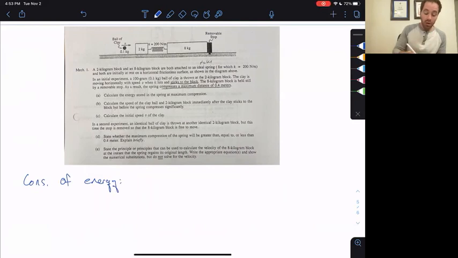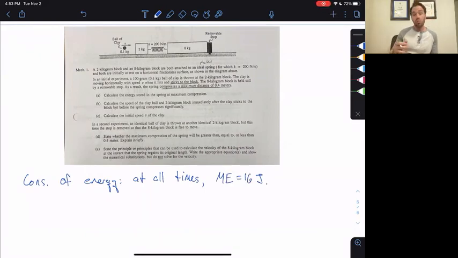Well, this would tell me that at all times, total mechanical energy is 16 joules, because we know that that much is what was available at the beginning. That's the initial speed of the 2-kilogram block after the ball of clay has hit it. So B1 has that many joules of energy. Okay, so at all times, the total mechanical energy is 16 joules.